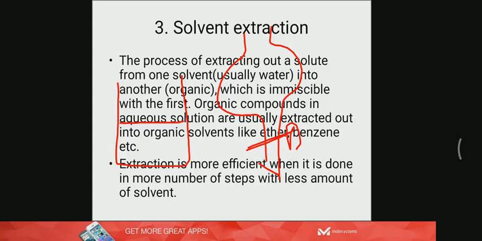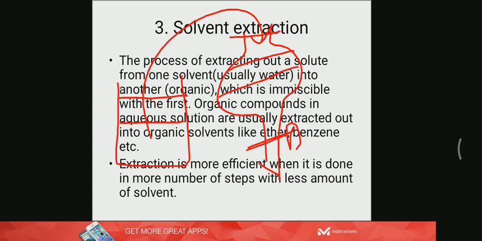What we do, we add an organic solvent with which water is immiscible. For example, ether is added to this aqueous solution of an organic compound. Then you pour this into the funnel and close it, and you shake it well. So it will be now like this here. The aqueous layer is down, suppose, and the organic layer is up.